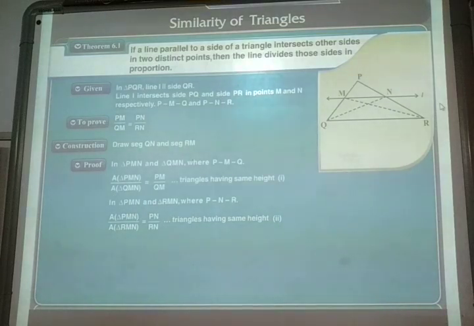In the figure, we can see that triangle QMN and triangle RMN have a common base MN and are of the same height. Therefore, their areas are equal. That is, the area of triangle QMN is equal to the area of triangle RMN.